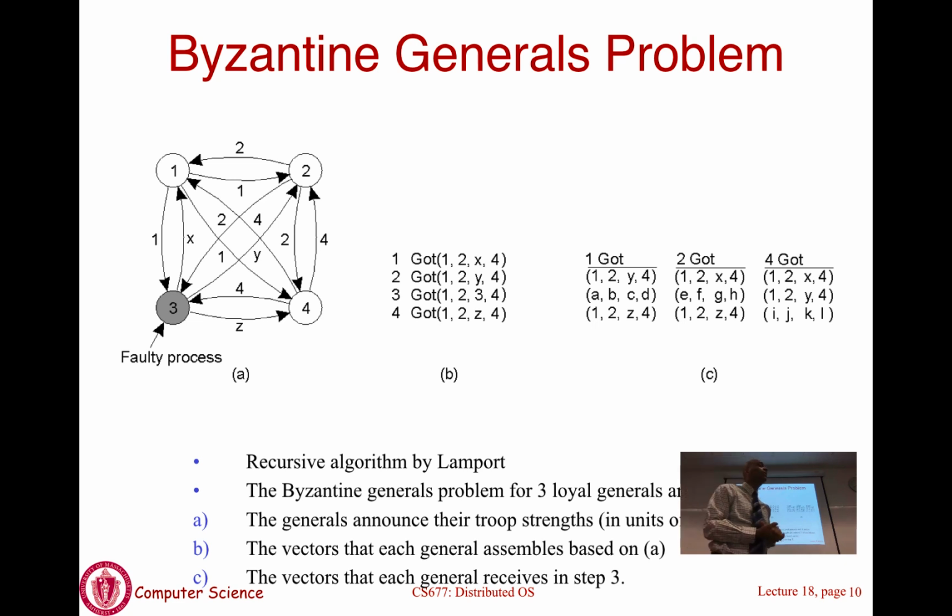Yes? Is the application of this problem primarily related to replication or other distributed system areas? Question is, what is the application? The application is not replication as much as fault tolerance.